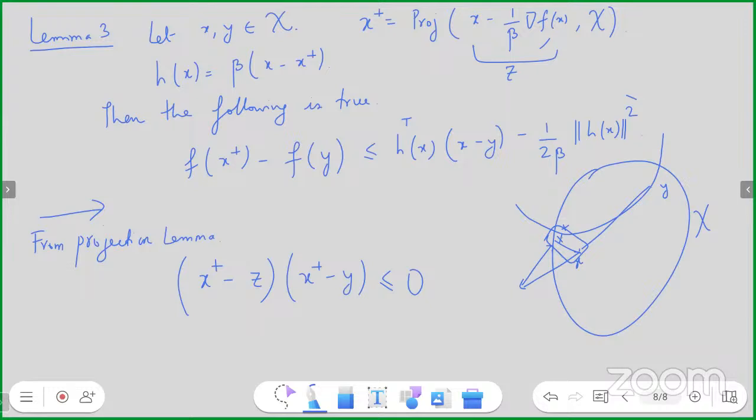So just reinterpret this. I'm claiming that this is equal to, if I just write z to be that quantity, del f of x transpose times x plus minus y less than or equal to h of x times x plus minus y.